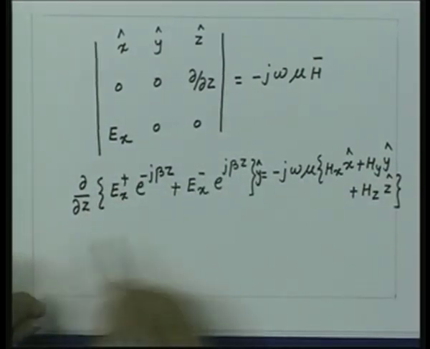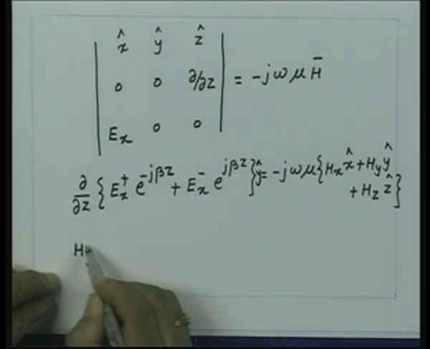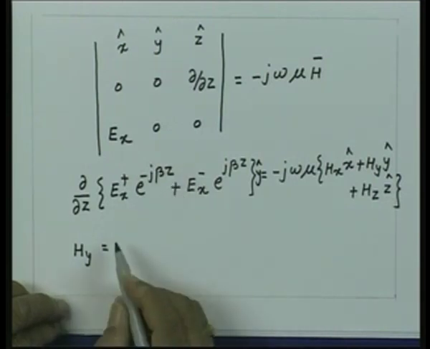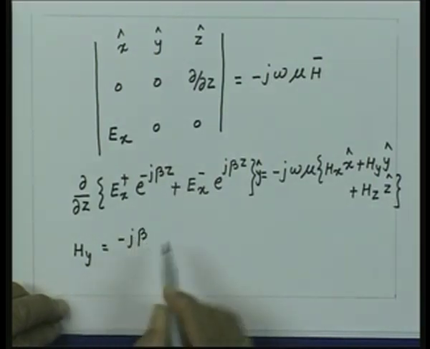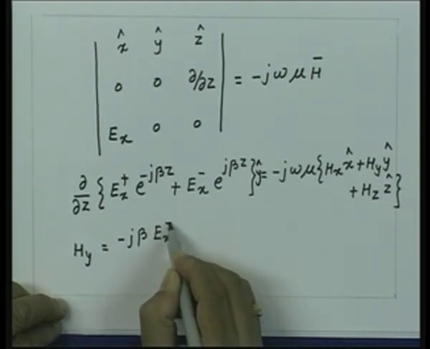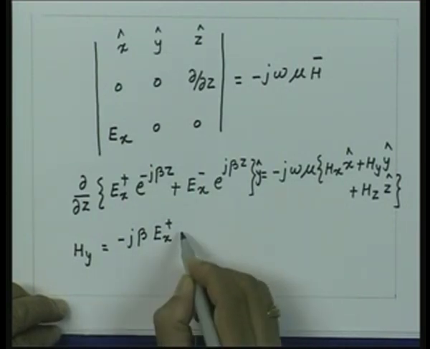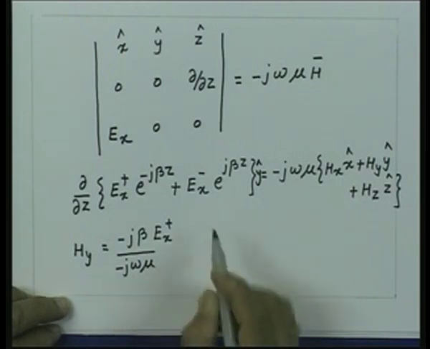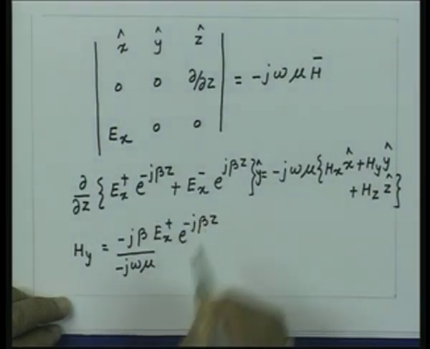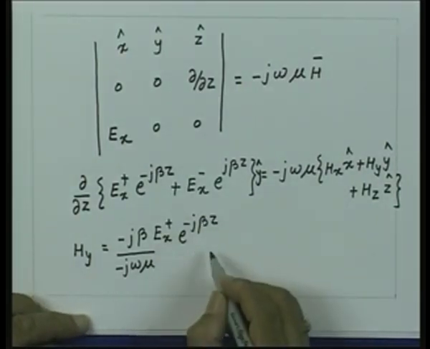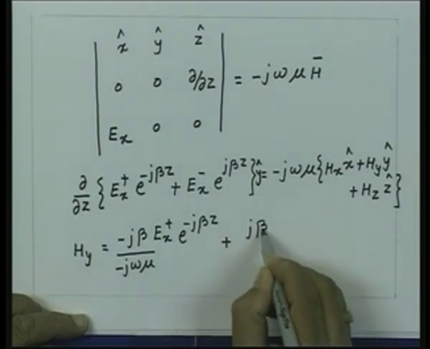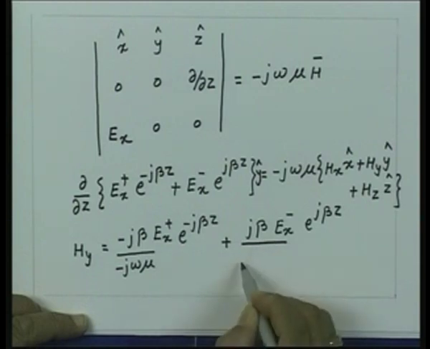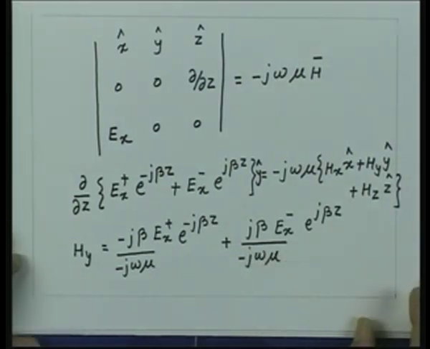So, I can now expand this and I can get from here Hy, that is equal to, differentiating this with respect to z, minus j beta Ex plus divided by minus j omega mu, e to the power minus j beta z, plus j beta Ex minus e to the power j beta z divided by minus j omega mu.